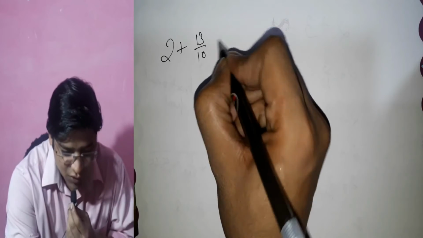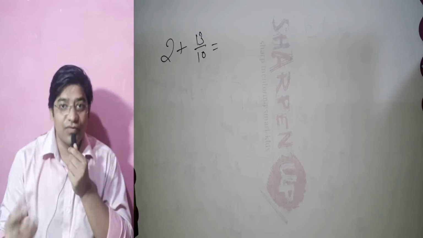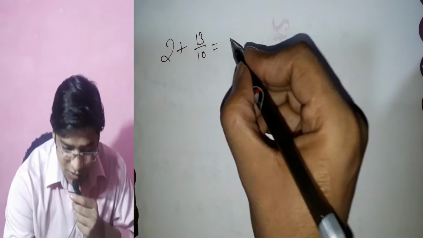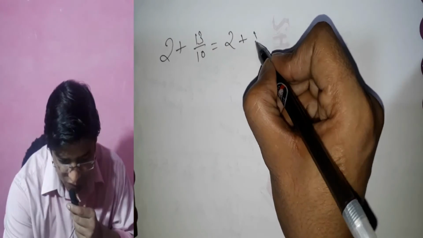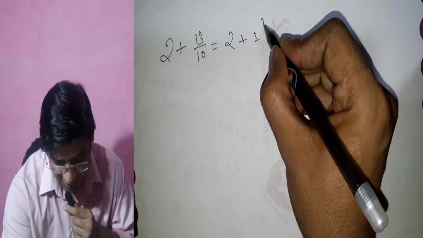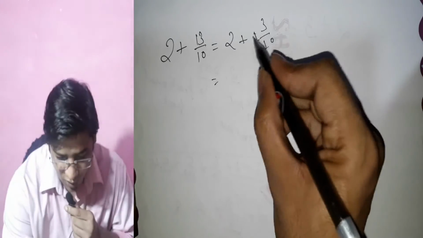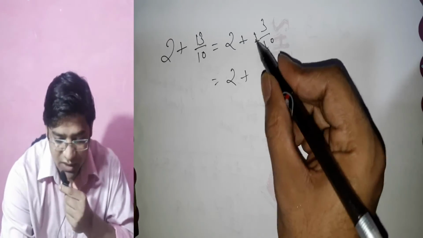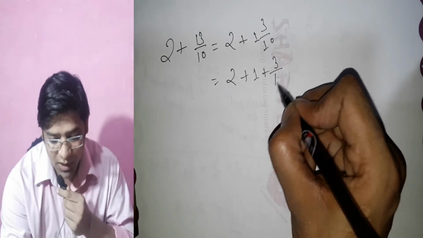Let's see. This is our improper fraction, and we know how to convert an improper fraction into a mixed fraction. So we write 10 ones are 10, so the quotient is 1, 3 is the remainder and 10 is the divisor. And we know how we can write a mixed fraction: as 1 plus 3 upon 10.